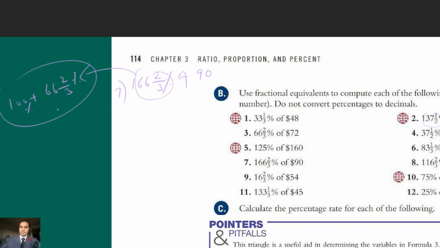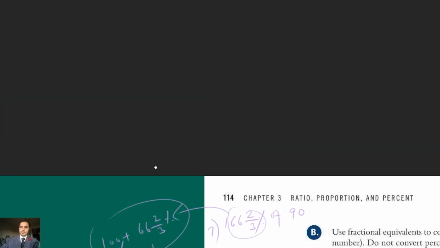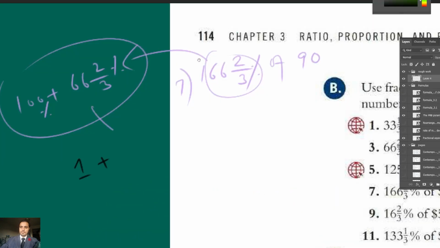So what we can do is write it down. 100% is just 1, plus 66 2/3%, which we just learned is 2/3. So 100% can be written as 1, and 66 2/3% can be written as 2/3.